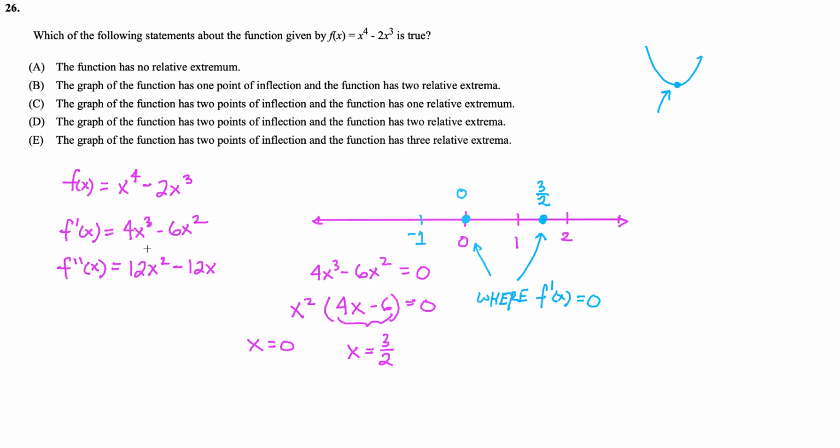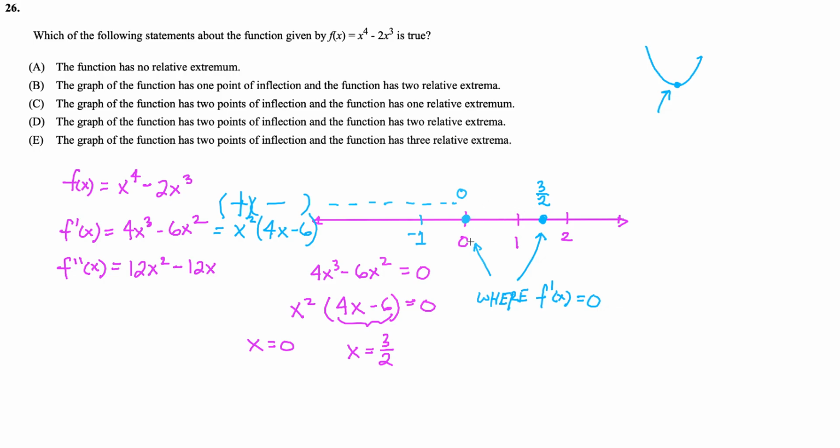If I plug in -1 into this function, if I factor this function a little bit, x squared times 4x minus 6, if I plug in -1 to x squared, it becomes positive. This factor x squared is always positive. So it's a positive times whatever I get here. What happens when I plug in -1 here? I get -4 minus 6, which is -10. So that's negative. Positive times a negative is negative. That means that my function is decreasing all the way up to 0.